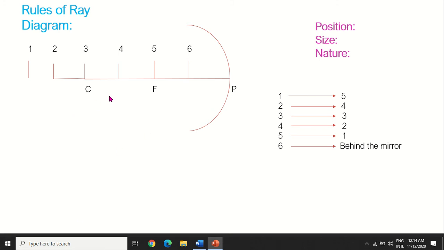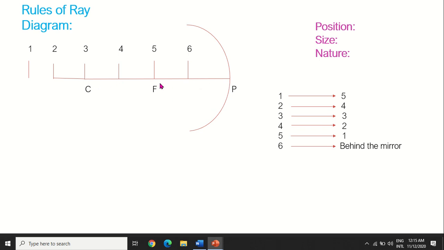So look here, this is the concave mirror. In the convex portion, silvering is done, but it is not shown here. So look, this is the radius of curvature, and you know, the distance from the center of curvature to the pole is known as the principal axis. So this PC is the principal axis, and you know, the principal focus is half of the radius of curvature.